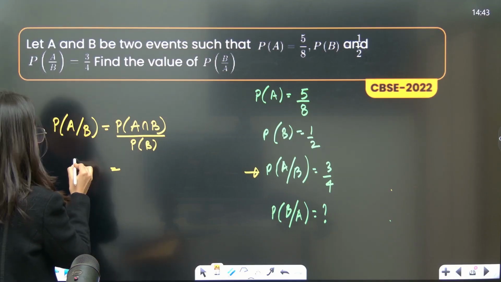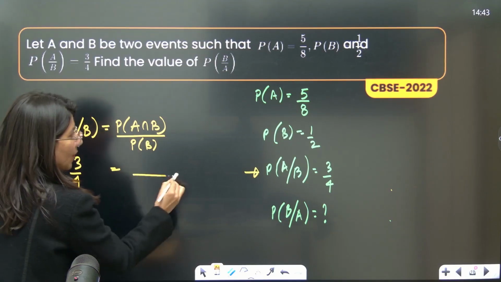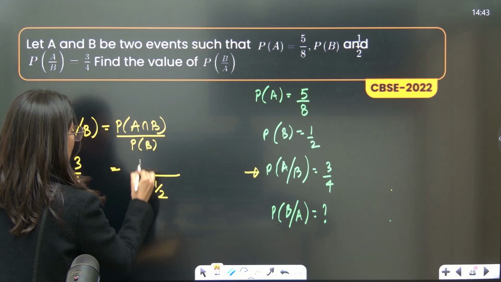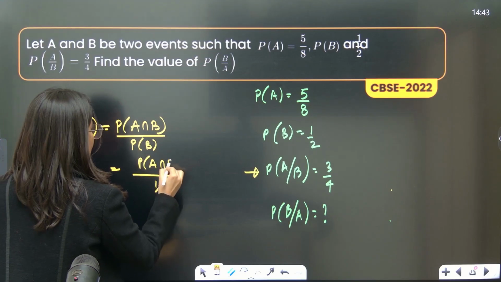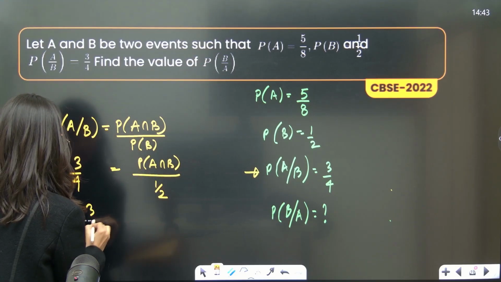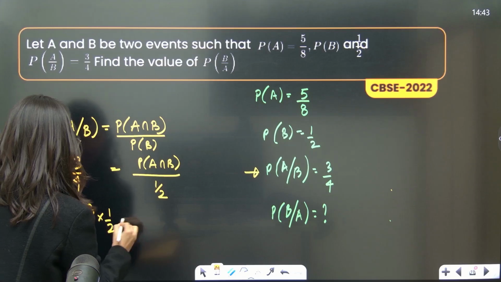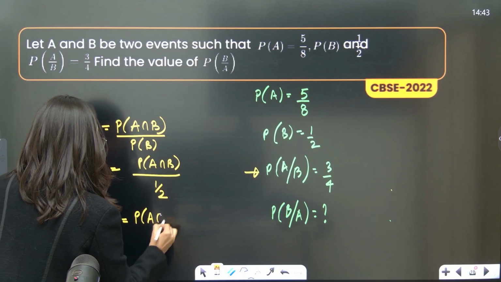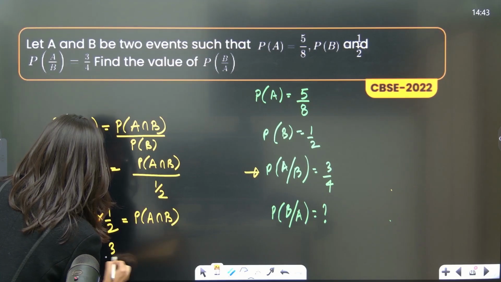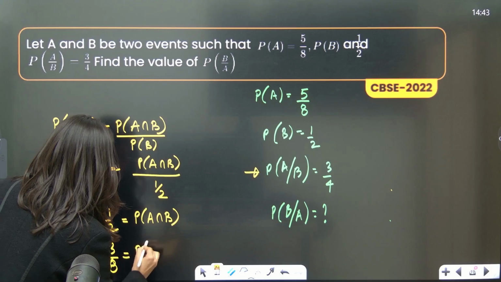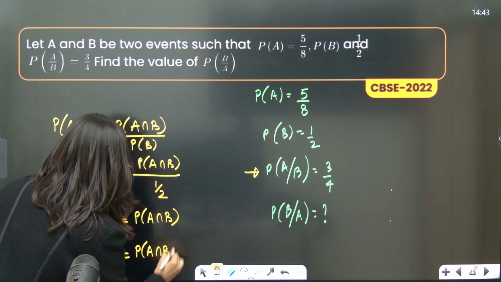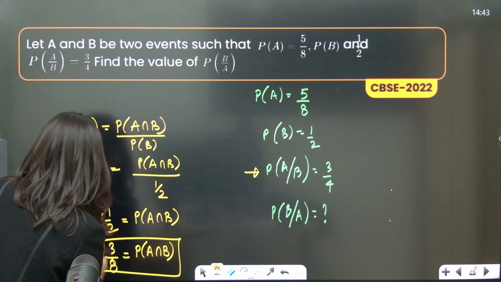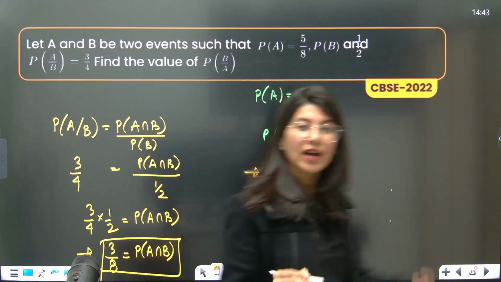A slash B is 3 by 4, put the value. Probability of B is 1 by 2, put the value. So this is 3 by 4 into 1 by 2 is equal to probability of A intersection B, which is 3 upon 8. This is what you have got.